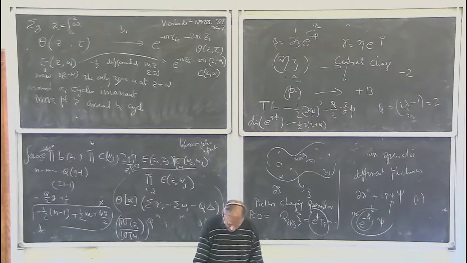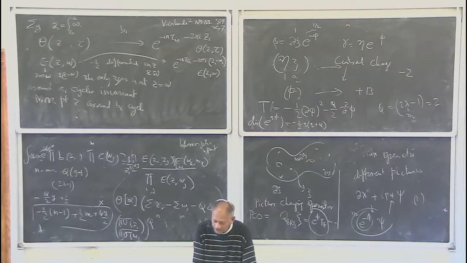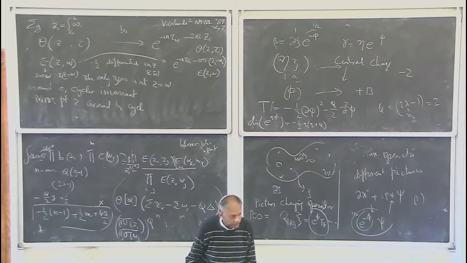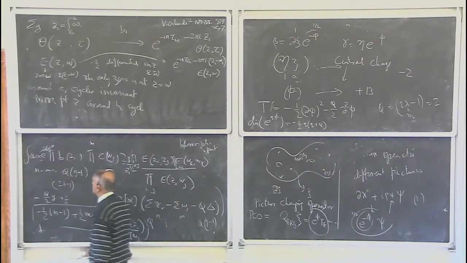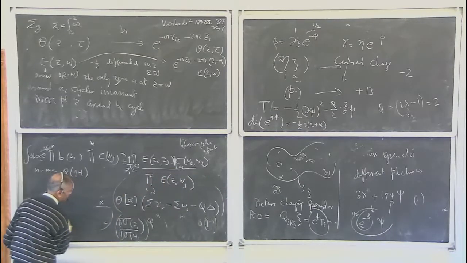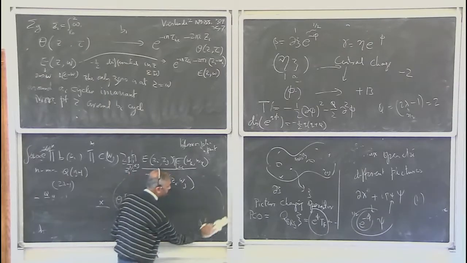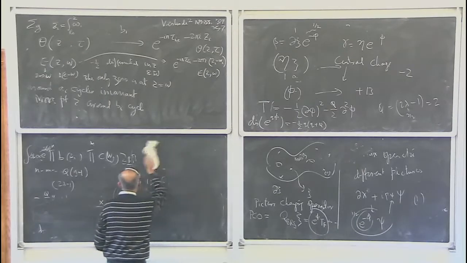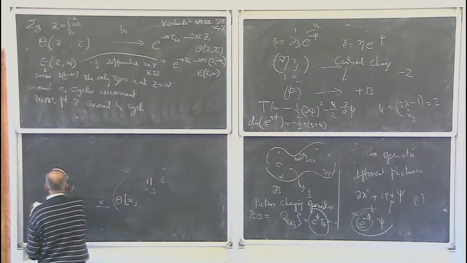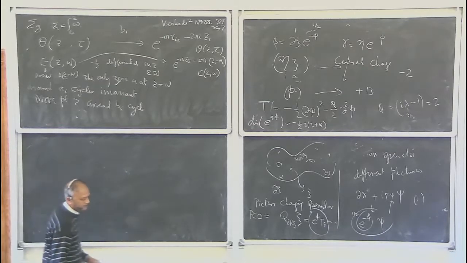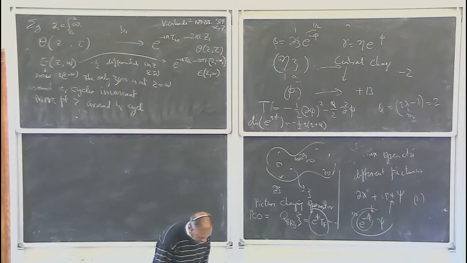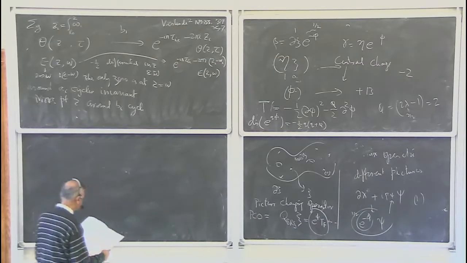Okay. Now, how much time do I have? 15 minutes. Okay, so let me just write the formula for the correlation function. Verlinde et al. have given a completely general formula, but I will just specialize it to the case that we are interested in.